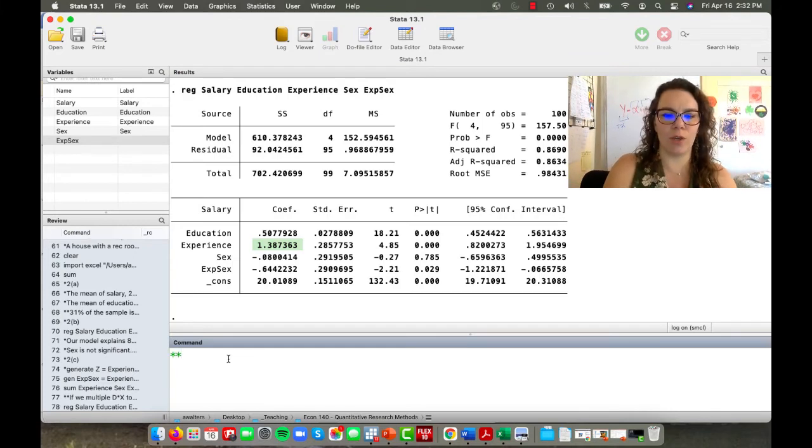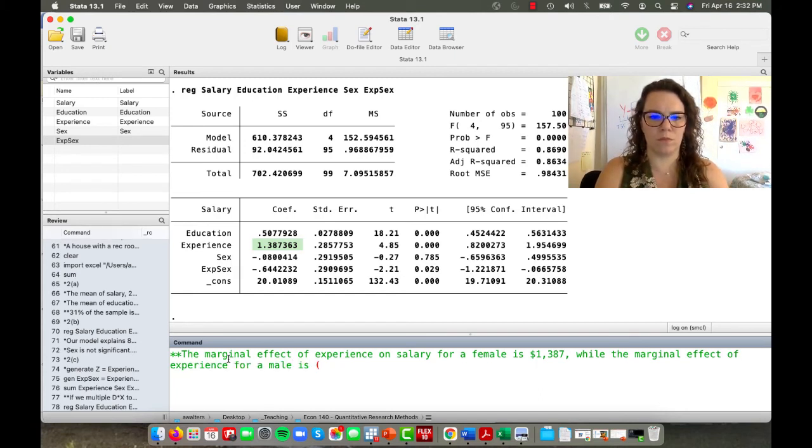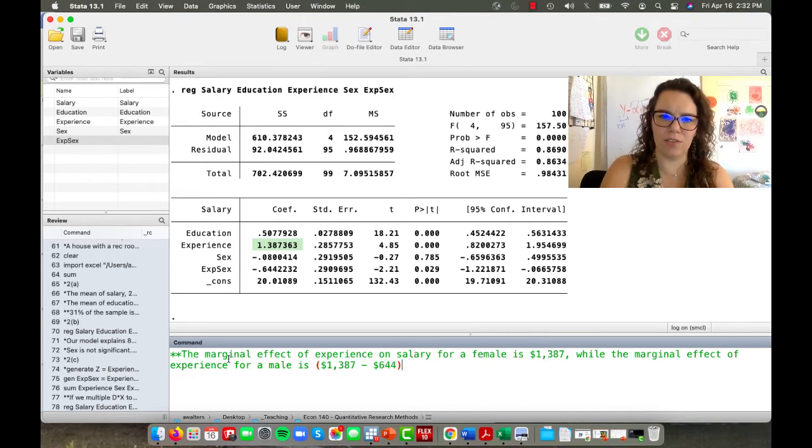So let me write that out for you. So remember, again, these are in thousands of dollars. So I'm going to just calculate this really quick.